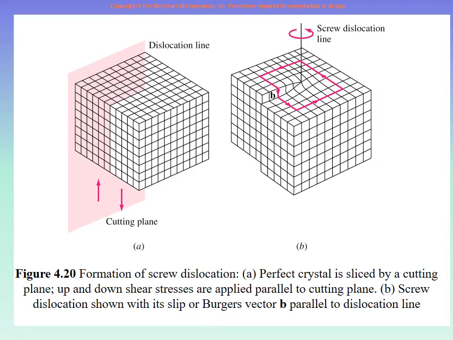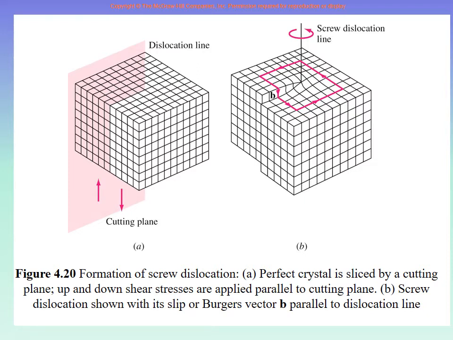We have forced an extra plane of atoms inside, so it is pushing them outwards. So there is compression, and if there is pushing outwards, then below this plane there is tensile force so that they balance each other. But here there will be a shear force, and if on one face there is shear, then on the other face there will be shear on the opposite side, so that they again balance each other, right?